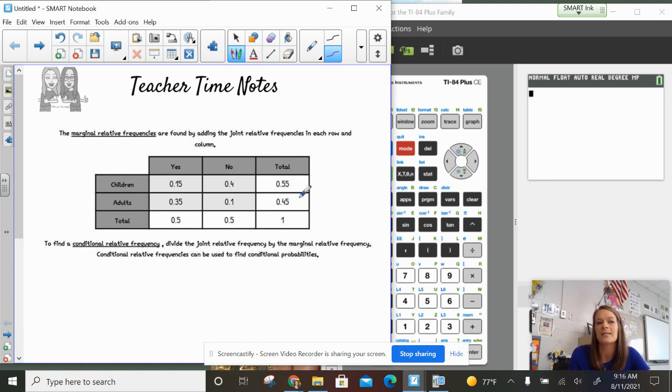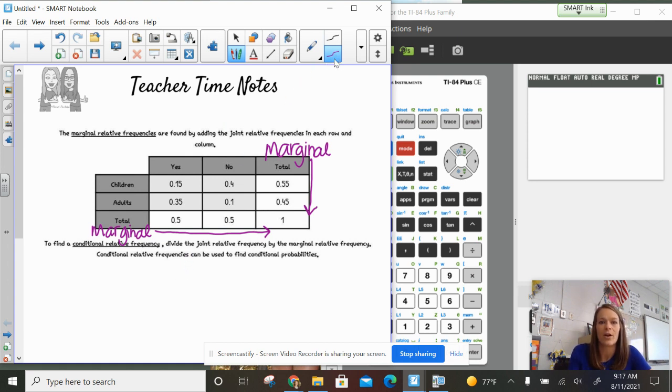Okay, so when I'm asking you about a marginal relative frequency, they are over here in this list down, and then the other ones, so basically it's in your totals. So marginal frequencies are these. Marginal meaning they're in the margins of the chart. And then there are what we call conditional relative frequencies.